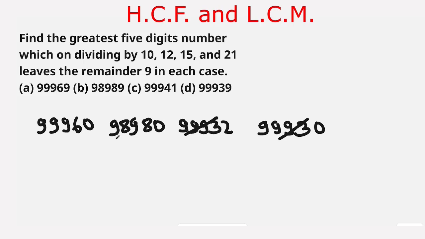Now the next number is 98980. 9 plus 8 is 17, plus 9 is 26, plus 8 is 34, and 34 is not divisible by 3. So option B cannot be our answer. The only option left is option A. Therefore, option A must be our answer.